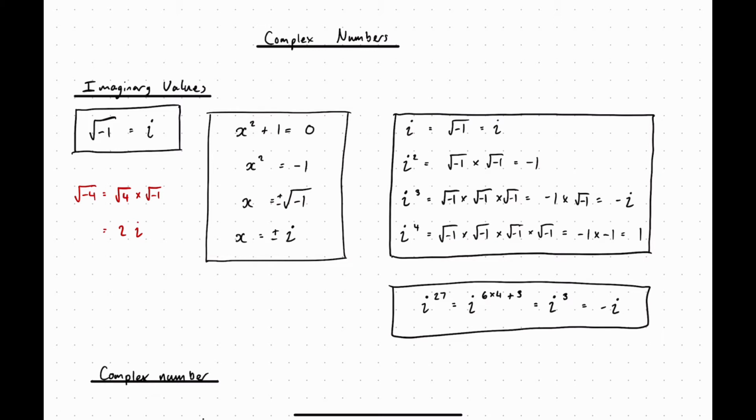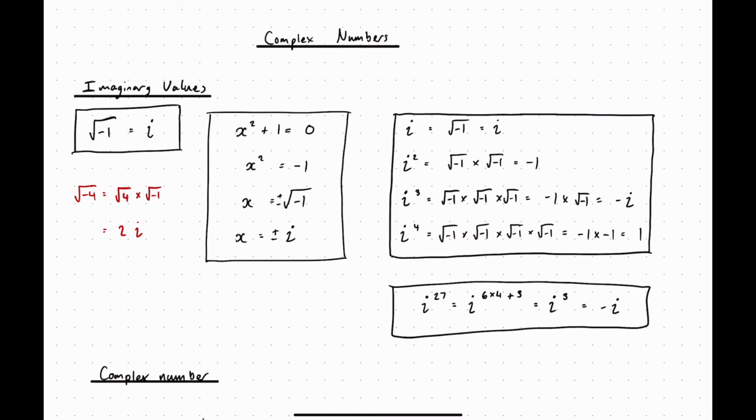We're now going to quickly look at some stuff to do with complex numbers. Complex numbers and imaginary numbers are not the same thing. There's crossover, obviously. An imaginary number is specifically i, the root of a negative.